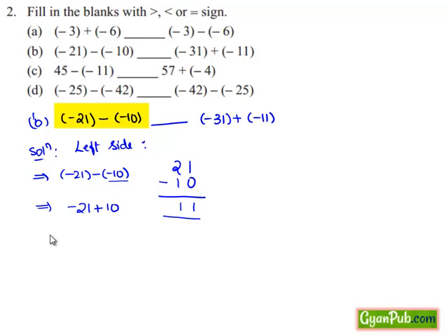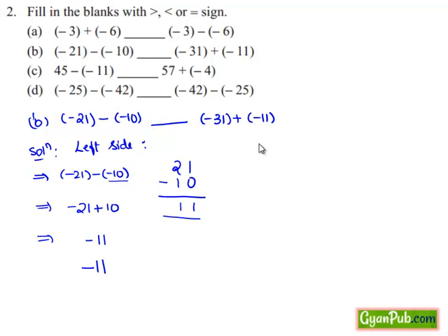We get 11. But this 11 takes the sign of bigger integer. When we compare 21 and 10, we know that 21 is bigger integer. So this 11 takes the sign of bigger integer 21, that is nothing but minus. On the left hand side, we get -11.